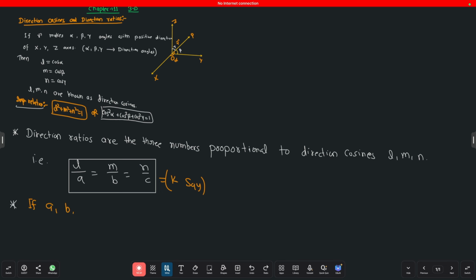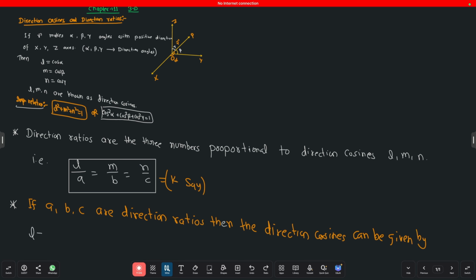If A, B, C are direction ratios, then the direction cosines can be given by this: L equals plus minus A upon root over A square plus B square plus C square.